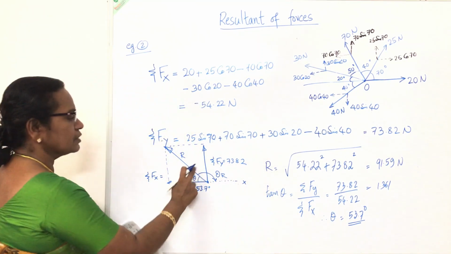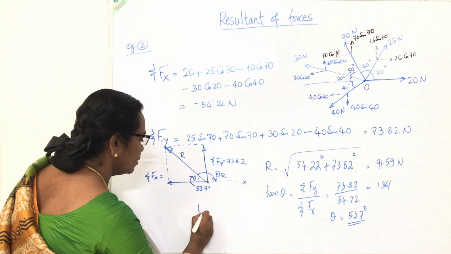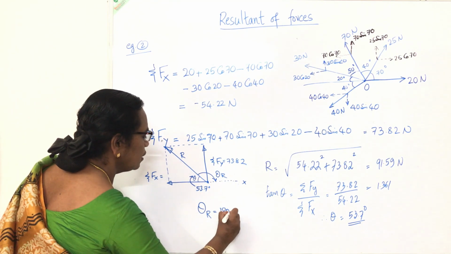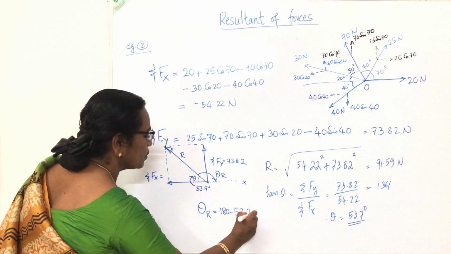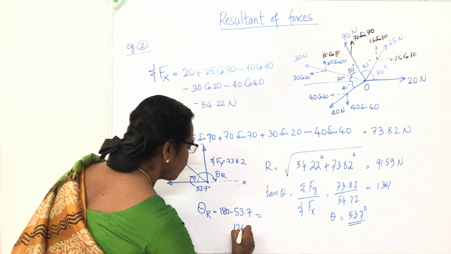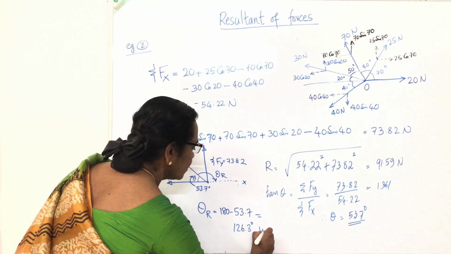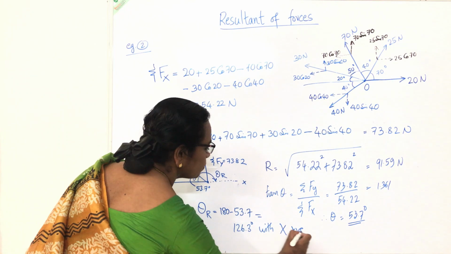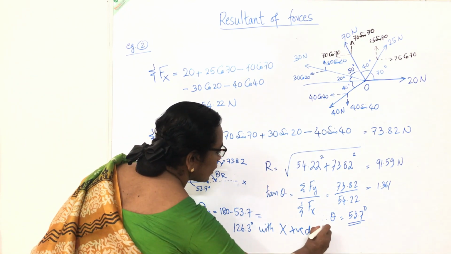The angle of the resultant with x positive direction, theta r, is equal to 180 minus 53.7, so it will be 126.3 degrees with x positive direction.